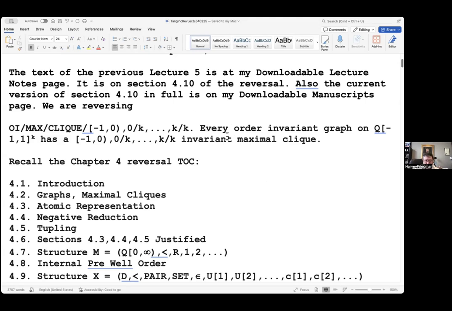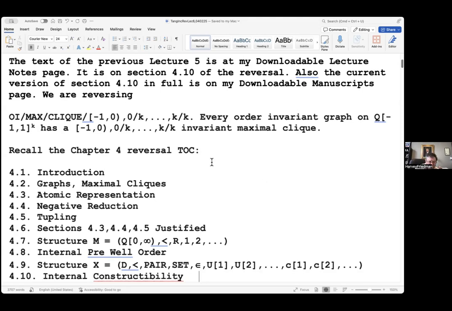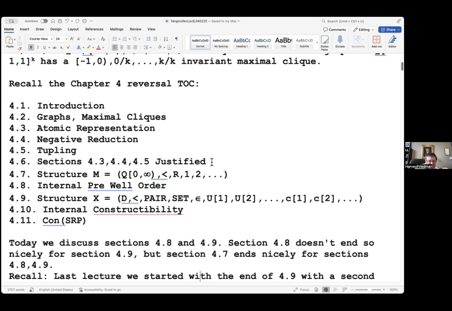And that's all part of a big positive theory that we're not talking about now, where I prove these things from large cardinals. All right. And then reminding you the reversal chapter 4 of the book looks like this.